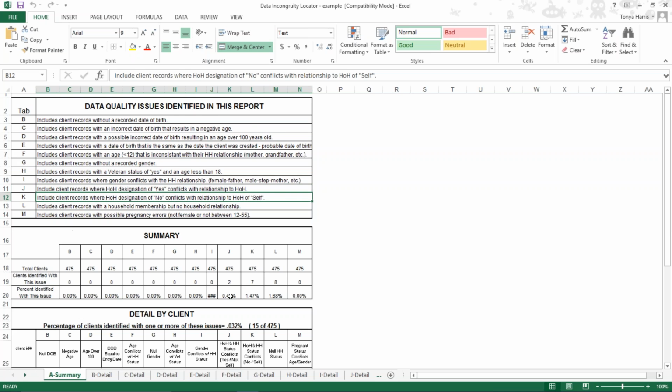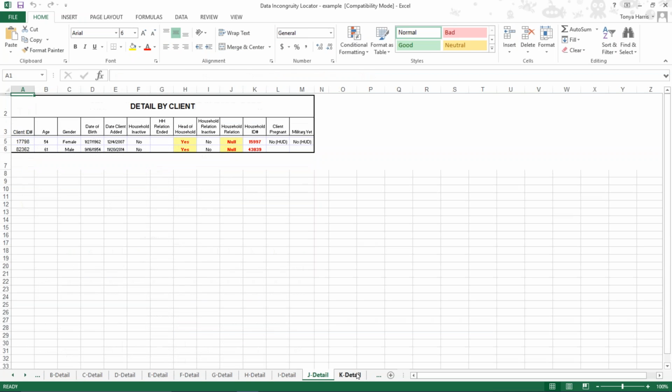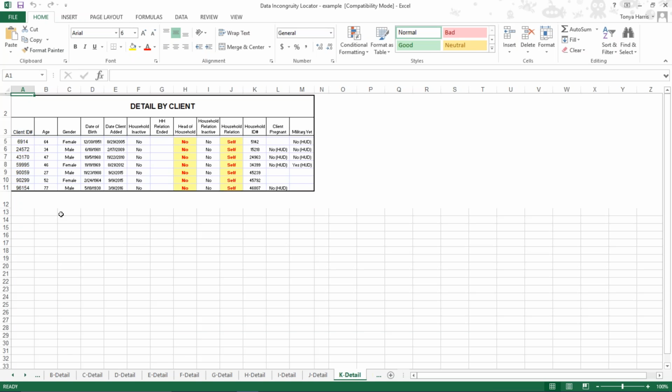So I'm going to go to those tabs, and it will tell me which clients have this problem, and then I can go into Service Point and fix them. So what we have here is, we have, yes, a head of household, but they have not been made self. That's what that means. Okay? Then column K, we have this person is not the head of household, but you have marked them self, meaning the head of household.